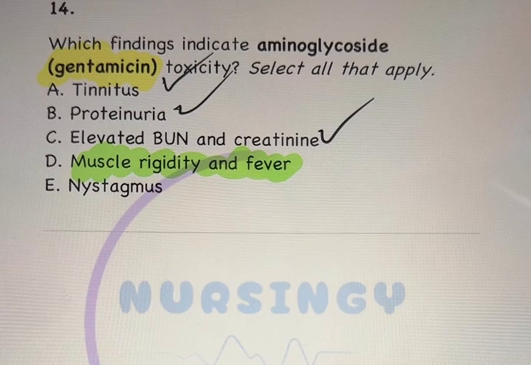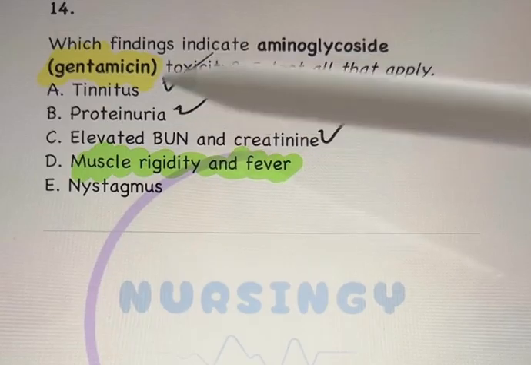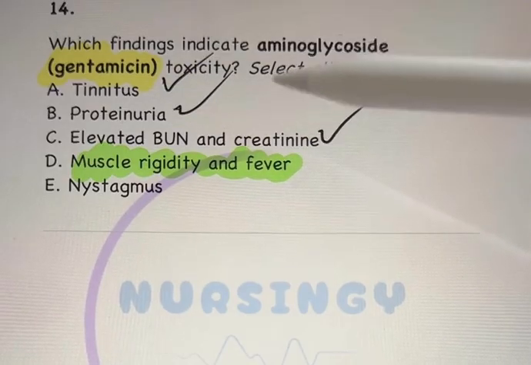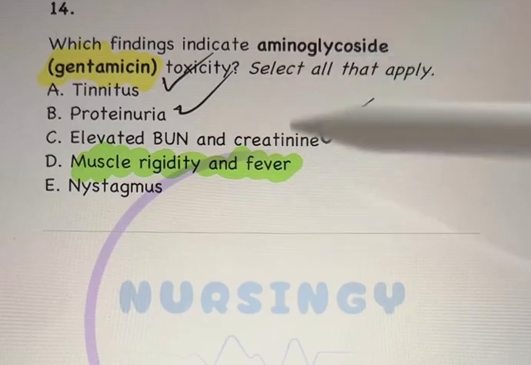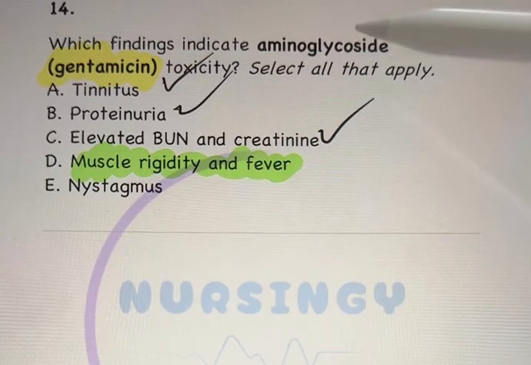Rhabdo? No. In rhabdo you have pain in the thigh or muscle. And then yes, neuroleptic malignant syndrome. That's the one. These are the classical signs of NMS.